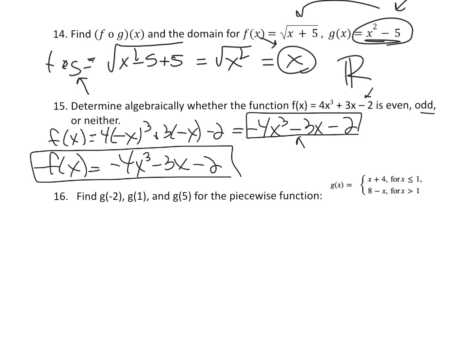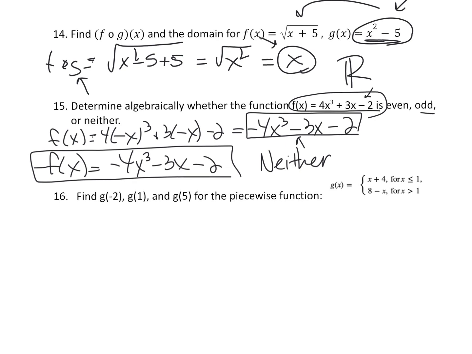No. Is it the exact opposite of what we started with? No, because of the minus 2. So is it even, odd, or neither? It is neither. Now, one thing about this that I should have thought of here at first is, my phone's blowing me up. Because the exponents in the problem are odd, there was no way it could have been even. It doesn't mean it's odd, but it could not have been even.